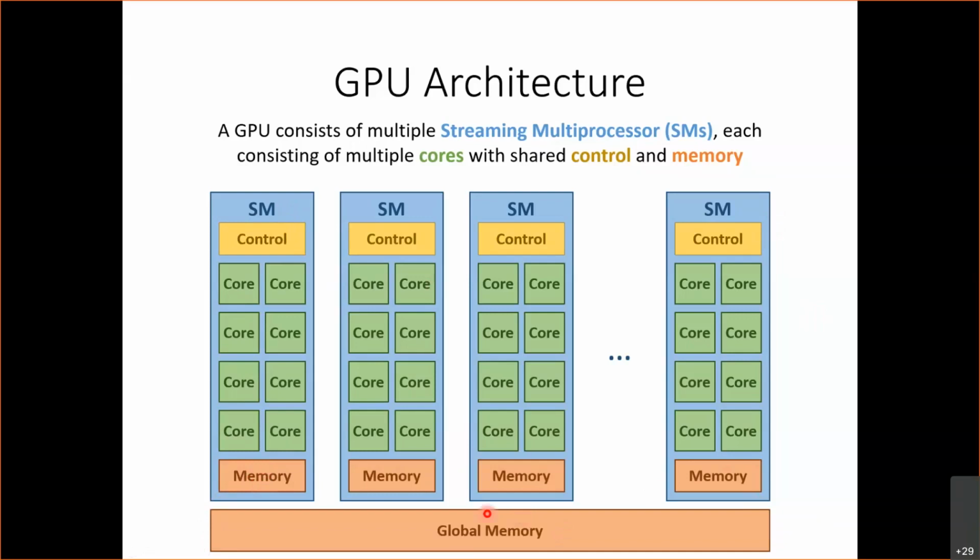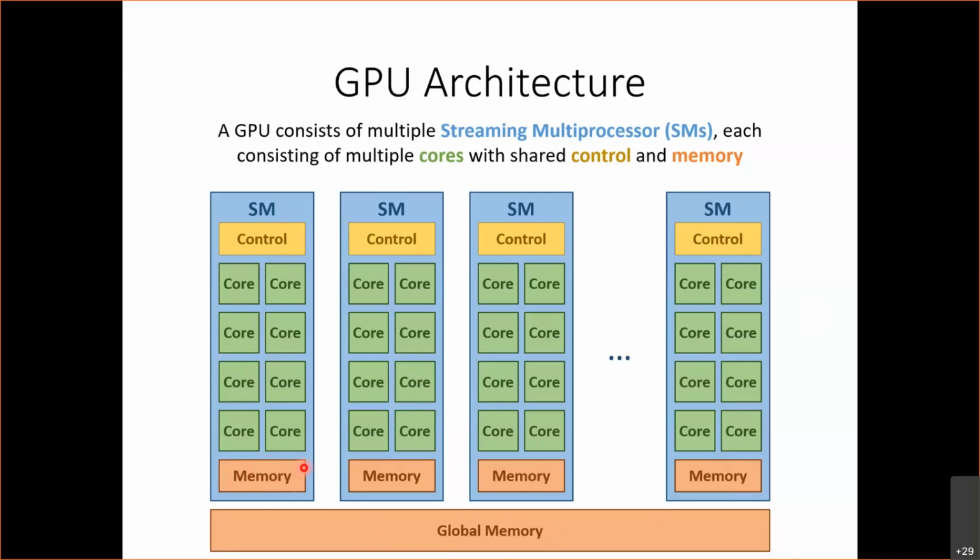So all the SMs can access this global memory, and each SM has a bunch of cores, some control logic, and some memory inside of it that it can use for various purposes. There are actually different types of memory on the SM that we will look at.